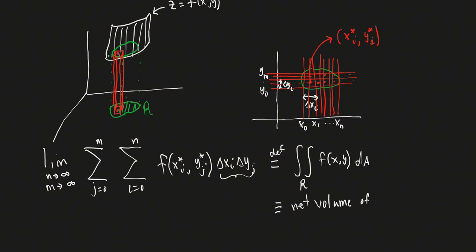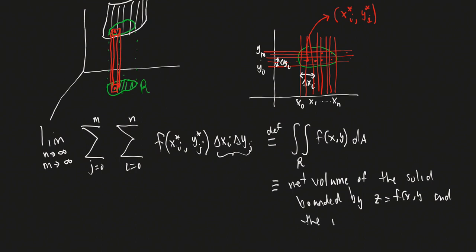It's just a three-dimensional region, but I'll say the net volume of the solid bounded by our surface z equals f of x comma y, and the region R in the xy plane.